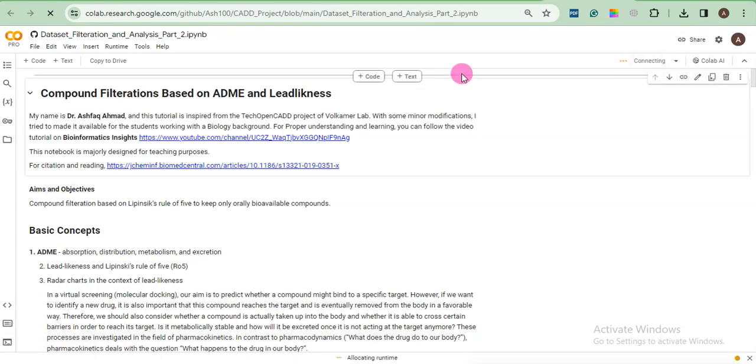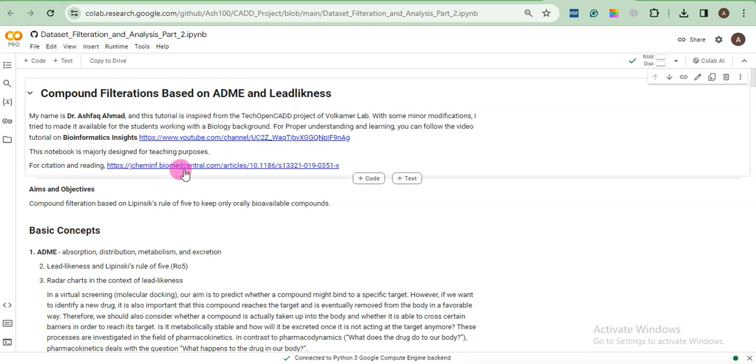Connect. Okay, once again, this part 2 is about compound filtration based on ADME and lead likeness. Today you will also learn the exact purpose of ADME and lead likeness.